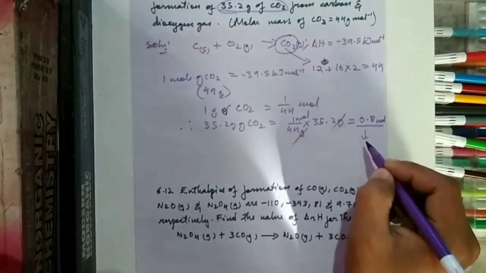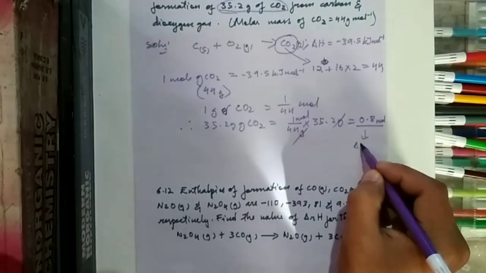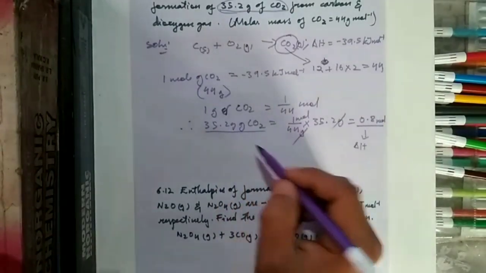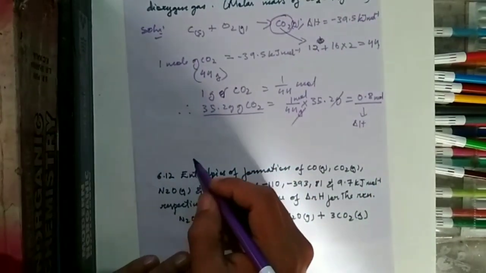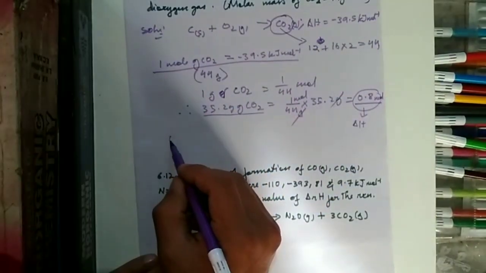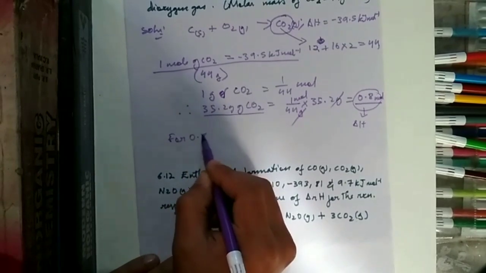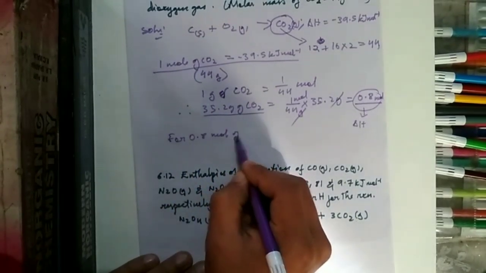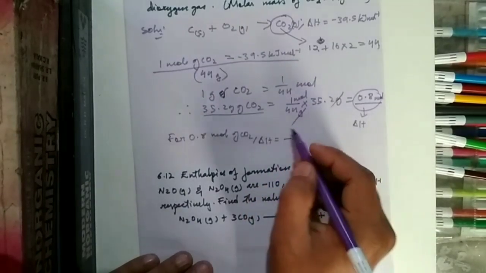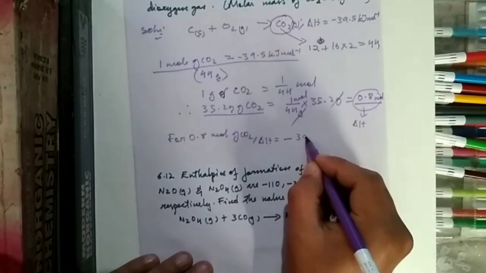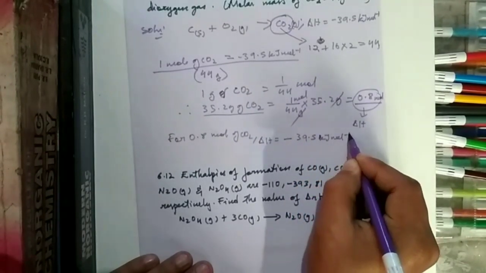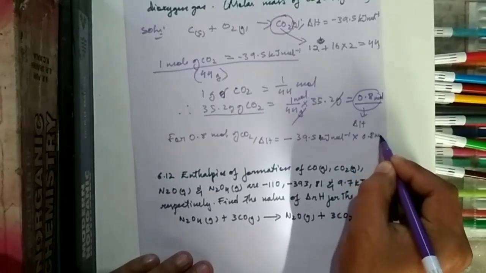So we have to find this delta H for this 35.2 gram of CO2. So for 1 mole it is this. Now for 0.8 mole of CO2, this delta H will be minus 393.5 kilojoule per mole into 0.8 mole.